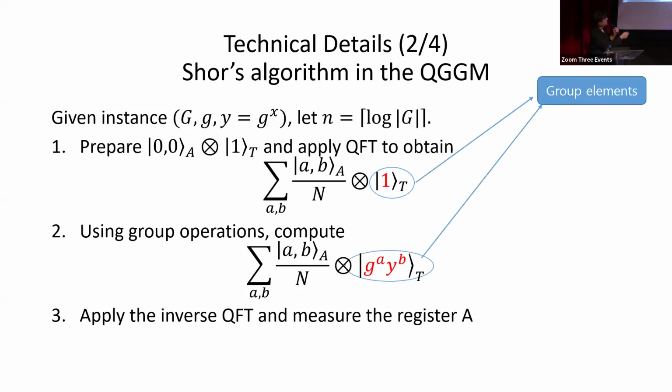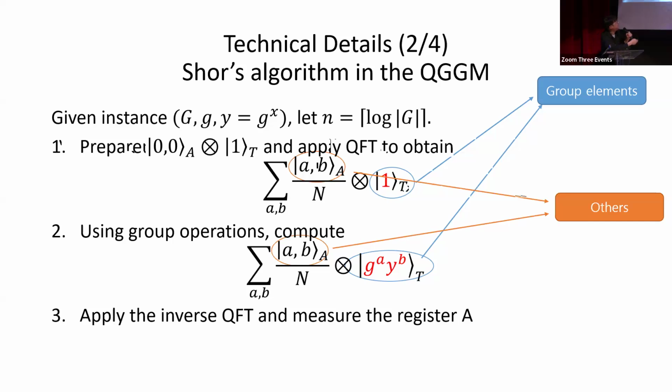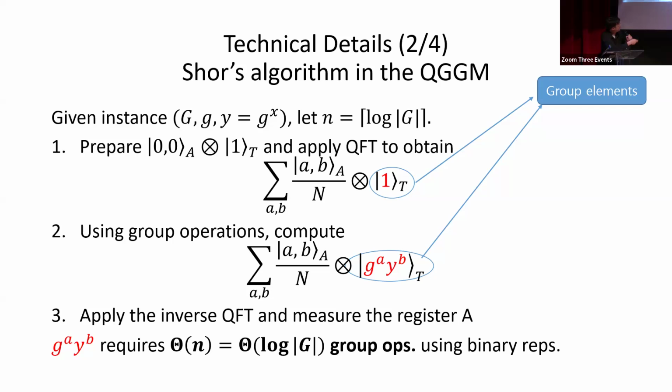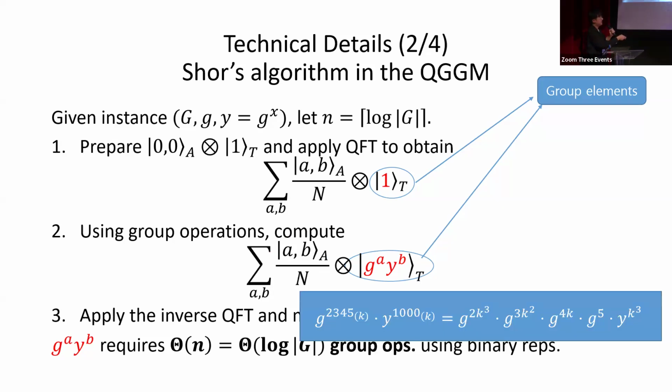The group elements are stored here in the black box register, and the group operation is only applied here. There are some other registers which we don't care about in the quantum generic group model. So the quantum group operation comes only in this register, especially just for computing this one. And computing this one only requires a logarithmic number of group operations because we can use the binary representation like this. It's an easy one.